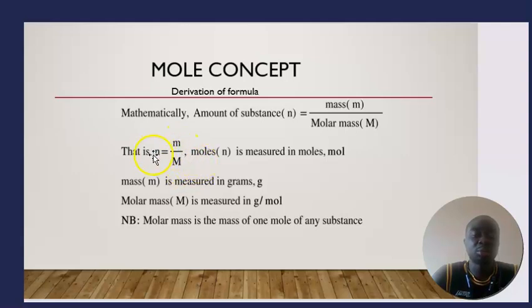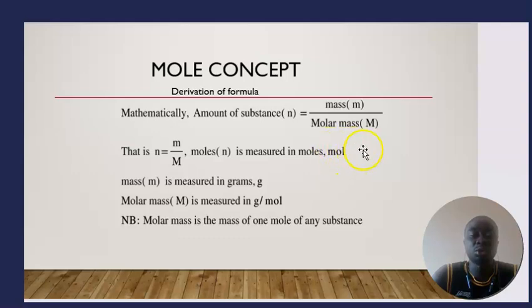Now assuming you have to find the moles given the mass and the molar mass, after finding it, the answer you get, you add the unit to it. The unit of mole is still mole, but this time around it is written m, o, l. So if you have calculated the amount of substance, small n, and you had 6, you add mol to it.